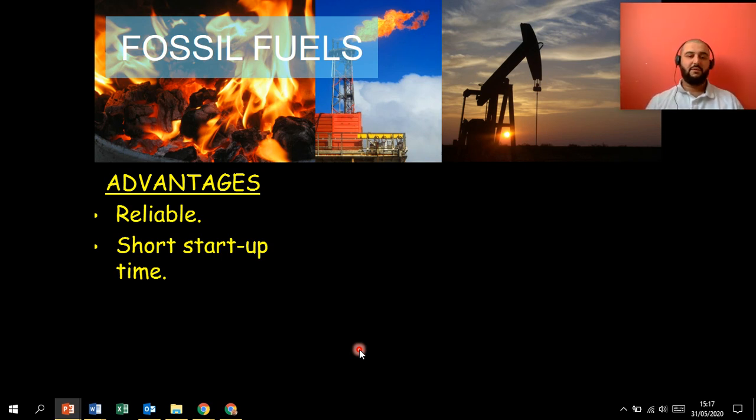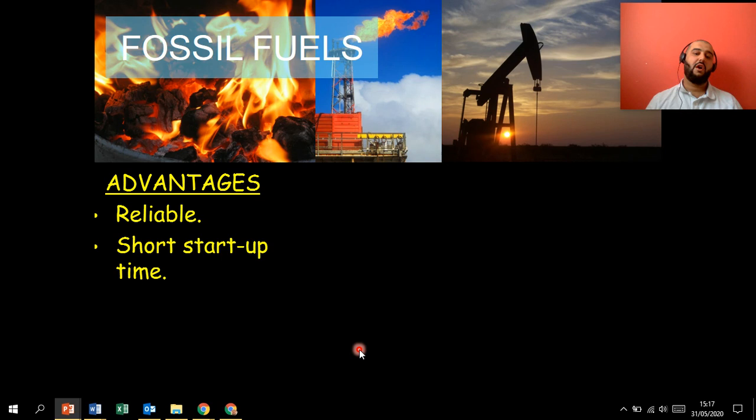We'll look at that in a bit more detail, but as I said, it's reliable. It's reliable also in the sense that from the mass of a fossil fuel, we know exactly how much energy is released as a result of that combustion reaction. So in that regard, we can also work out just how much electricity is going to be generated.